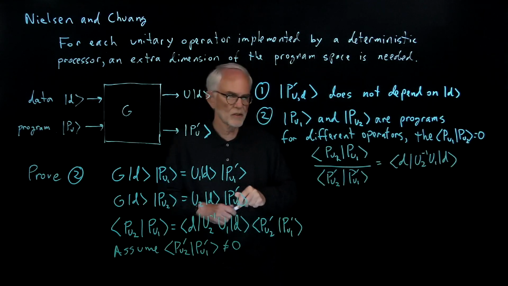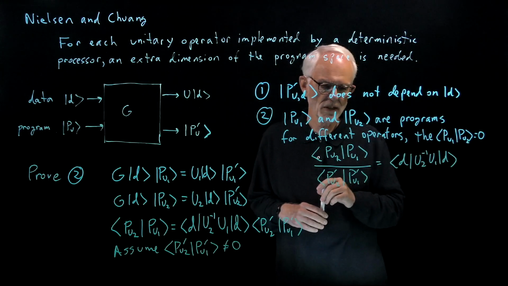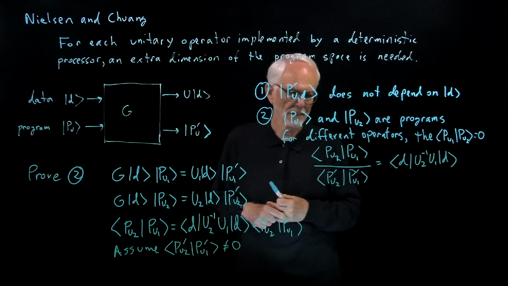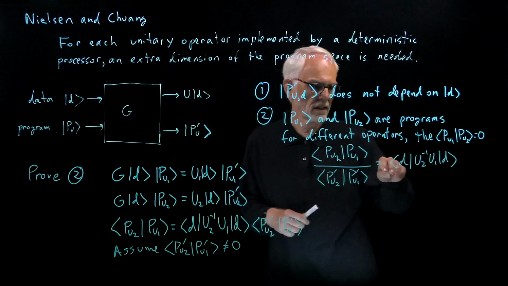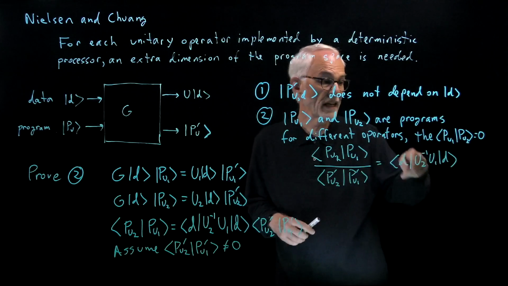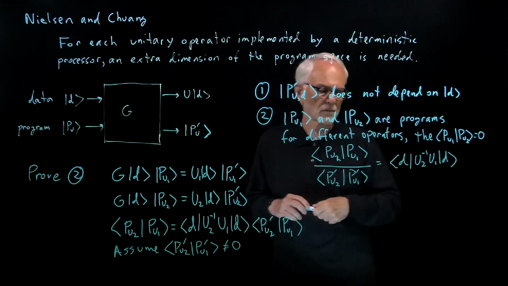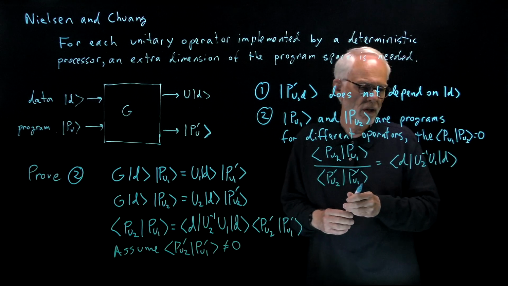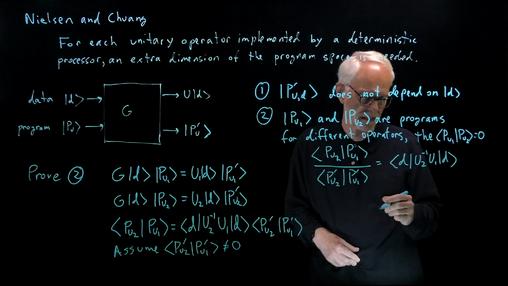Now what does this tell us? You'll notice that the right-hand side of the equation depends on D, but the left-hand side does not. So since this does not depend on D, this can't depend on D either. And the only way that it would not depend on D is if the operator U2 inverse U1 is simply a multiple of the identity.